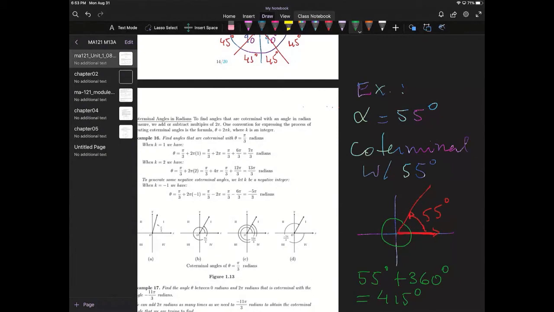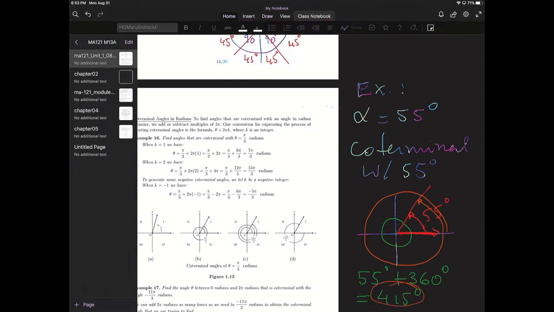For example, the 415 degrees means you start here, and I'm going to do a full circle and a little bit more to this position here. So they have the same initial side and the same terminal side, but the angles are not the same.